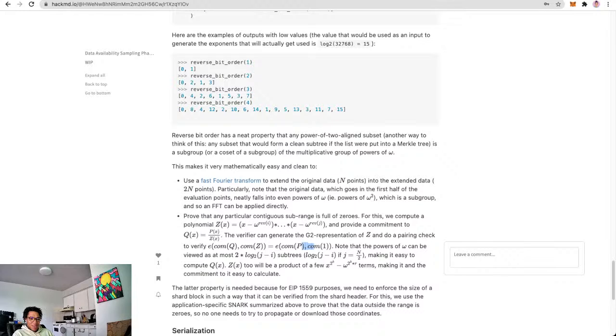Okay, making it easy to compute Q of X. Z of X will be a product of a few x to the power of 2k minus w to the power of 2k times r terms, making it and the commitment to it easy to calculate.